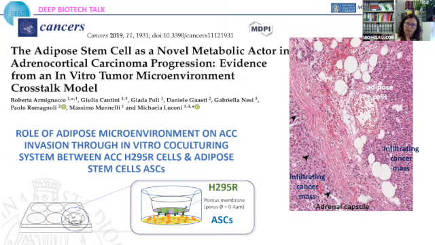And I told you that our group is really interested in the adipose part. You can see here that in particular in adrenocortical tumor in advanced stage, there is a disruption of the capsule, and the cancer mass is infiltrating the fat surrounding the adrenal, putting the tumor cells in direct contact with the adipose cells.